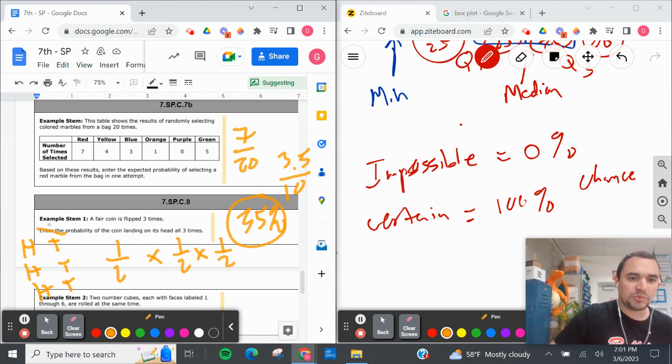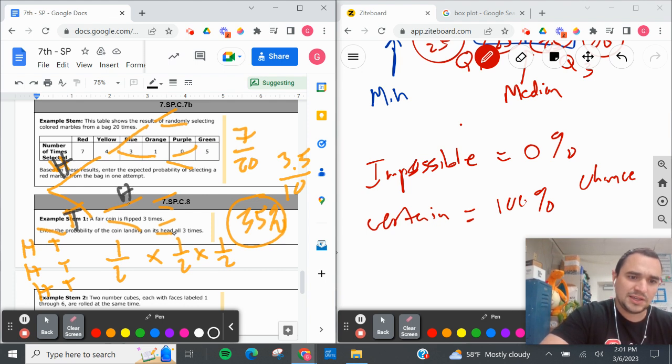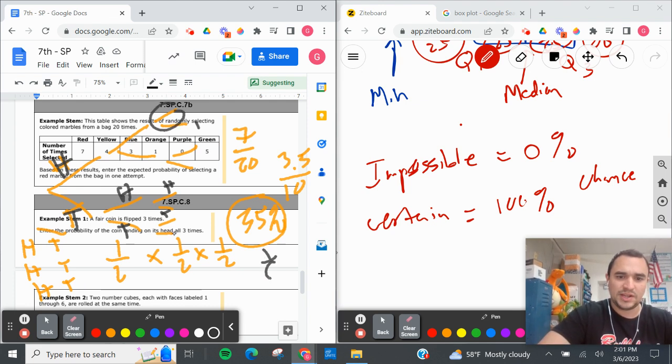You can do a probability table like this: heads, tails, heads, tails, all the way. So it's 1 out of 8. So 1/8, which is 0.125.